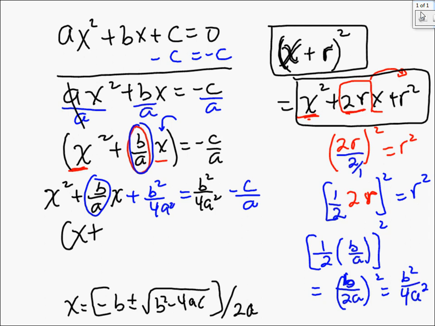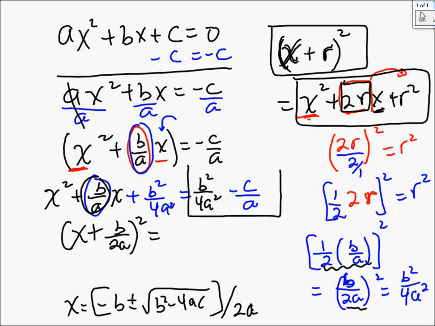Where do I get r from? It's half of what x is being multiplied by. It's half of that. It's b over 2a. And this squared is equal to this mess.